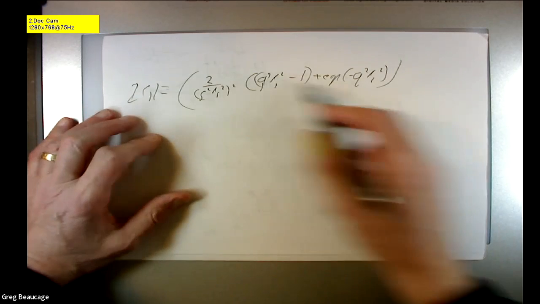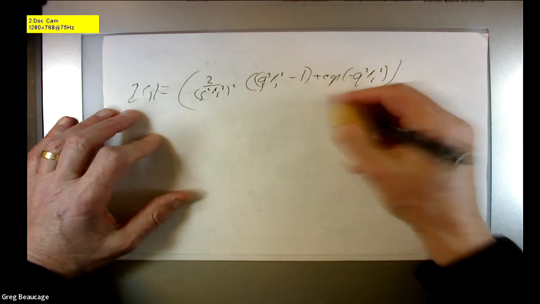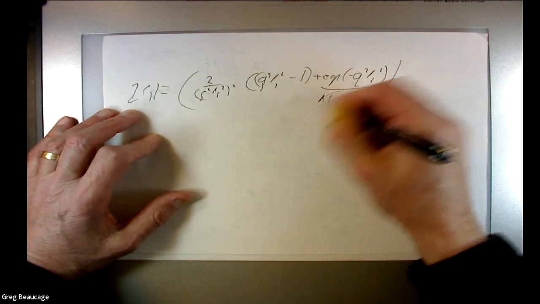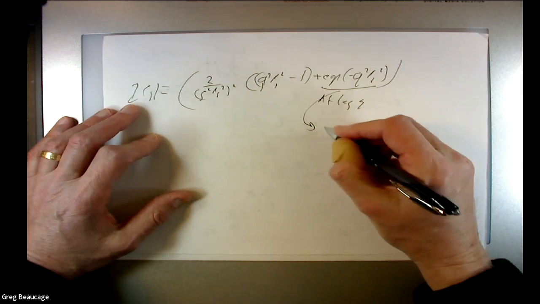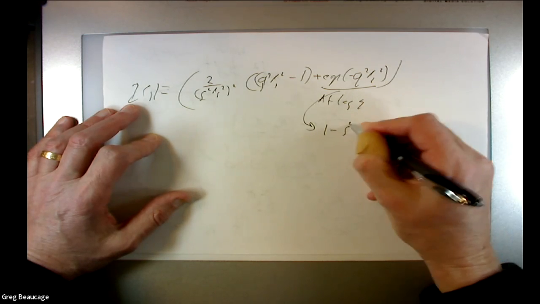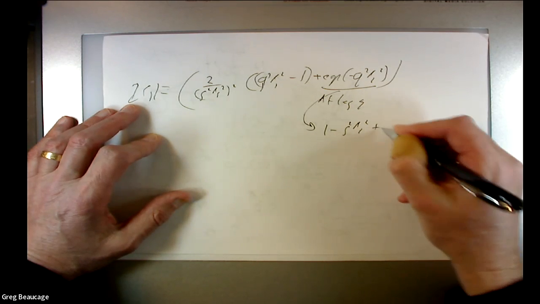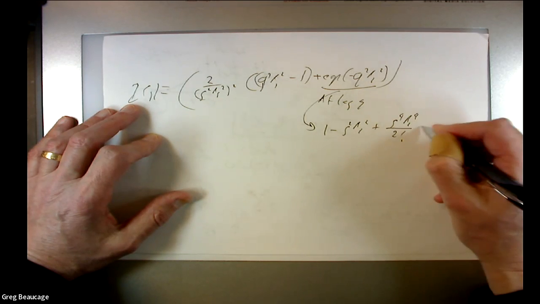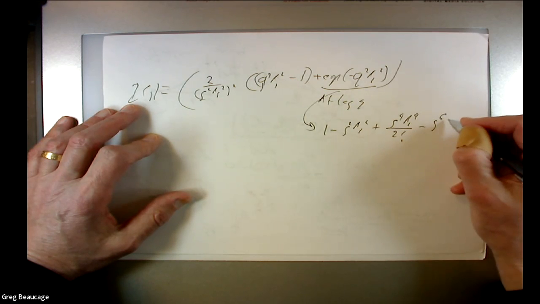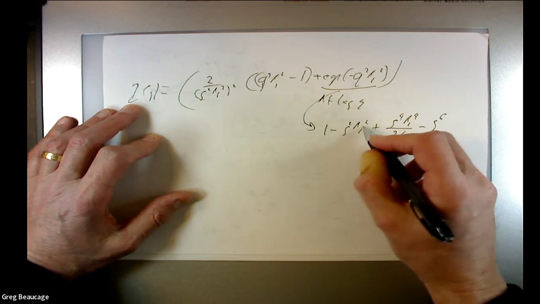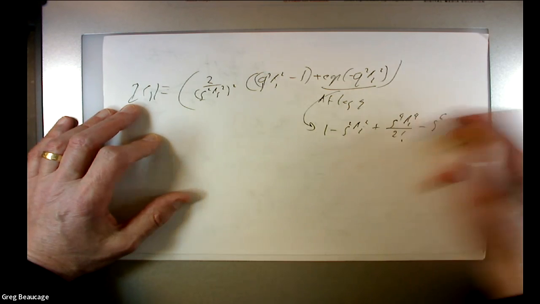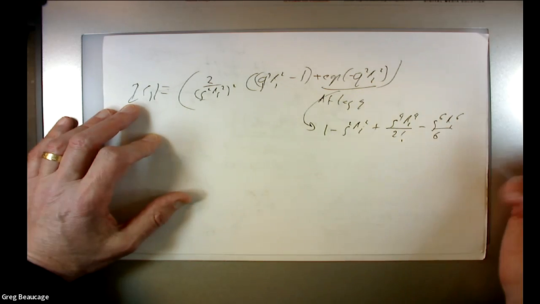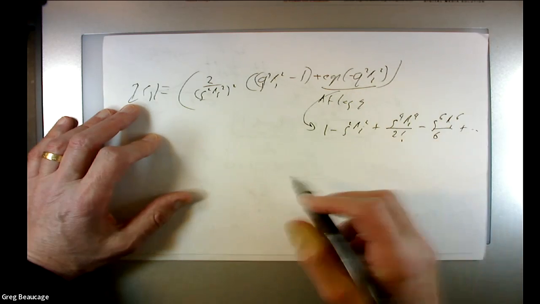So this is my shoddy writing of it, but at low Q, you can expand this thing into a series. So you can expand it: 1 minus Q squared RG squared, plus Q4 RG4 over 2 factorial, then minus Q6 RG6 over 6, and so on.